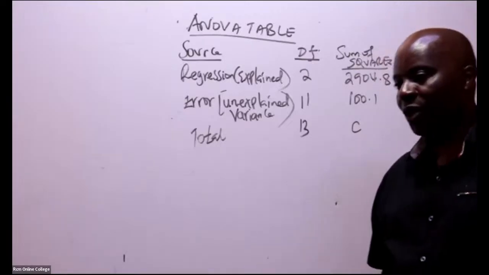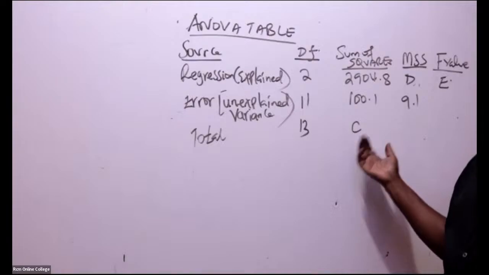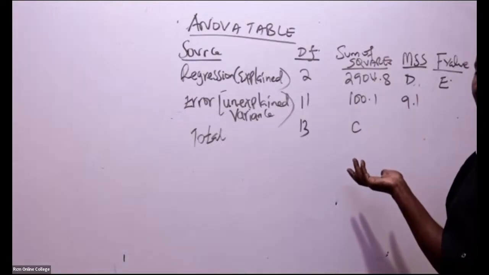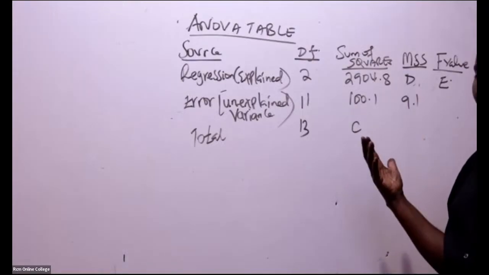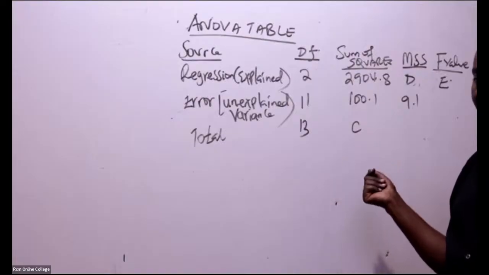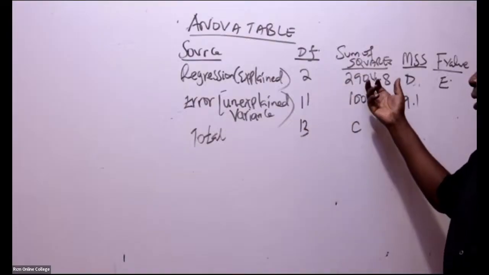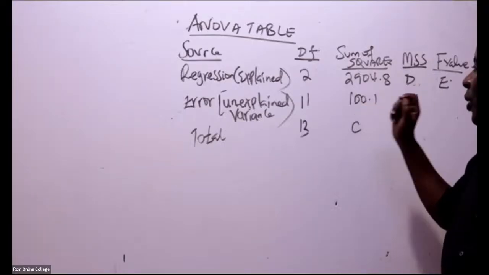Thank you so much. And now they want us to get this C. Can somebody tell me, what do you think we shall do to get C? Yeah, we add. You can see 2 plus 11 gives 13. So even here we shall add: 2904.8 plus 100.1.